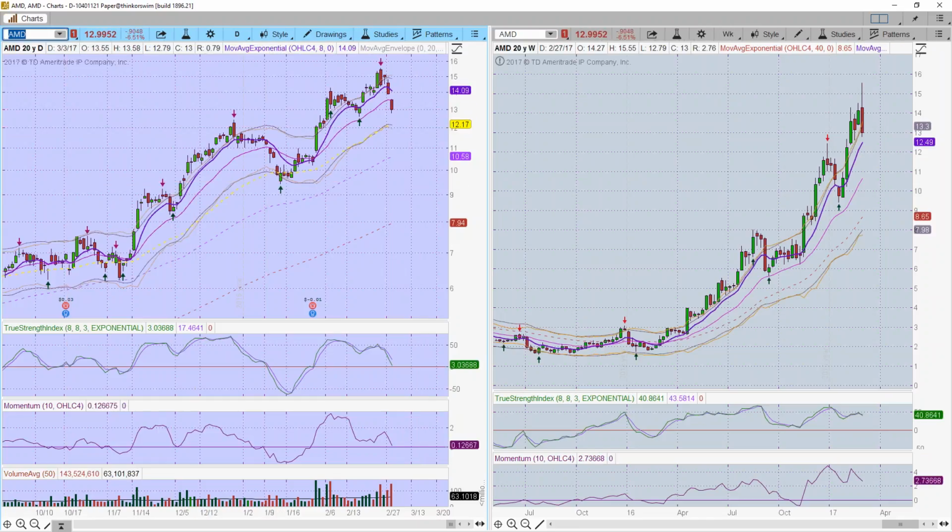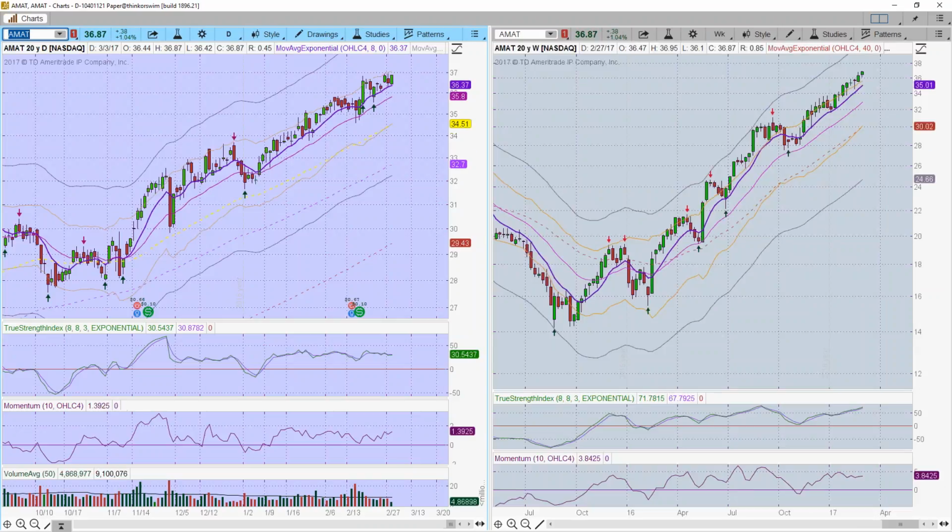While you're there, another one that has not given a lot of opportunities to get in, but is bouncing off that 8-day moving average, is Applied Materials. It's just continued to poke its head higher and higher.